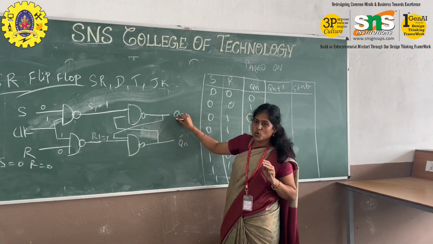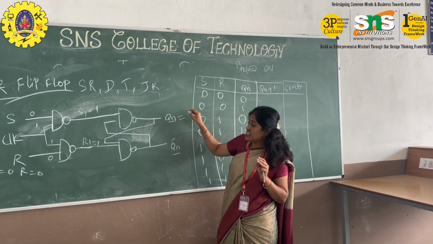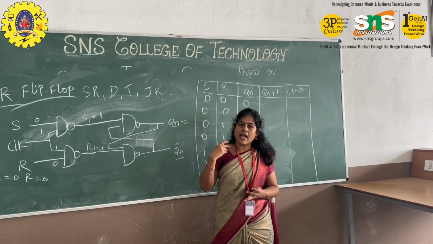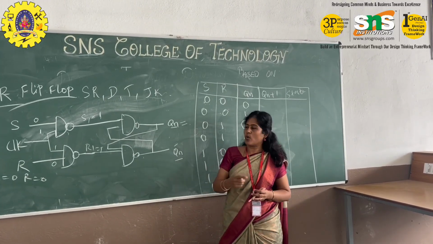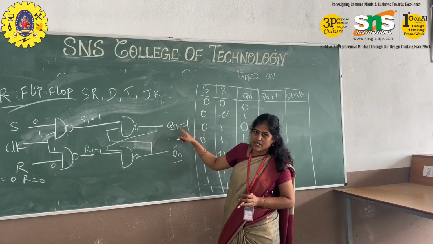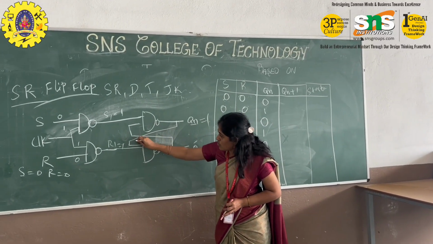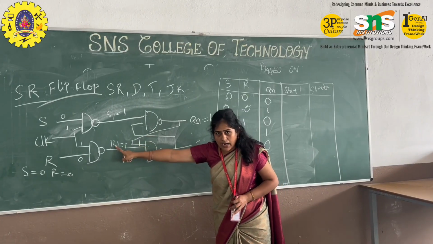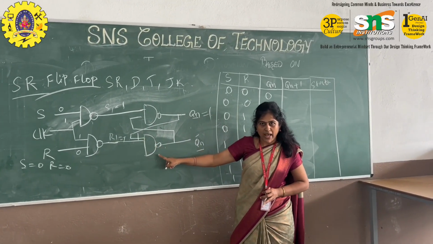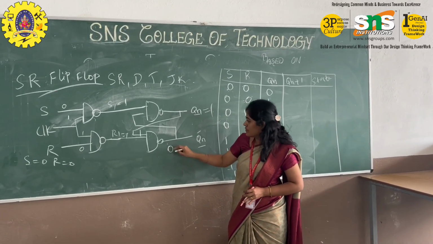Now Qn and Qn bar. First we initialize; we can initialize this as 1 or 0, it is our choice. I took 1, so Qn is initialized as 1 and this 1 is given here. Another input, R1, is also 1. 1 and 1 are given to the NAND gate, so the output is 0.